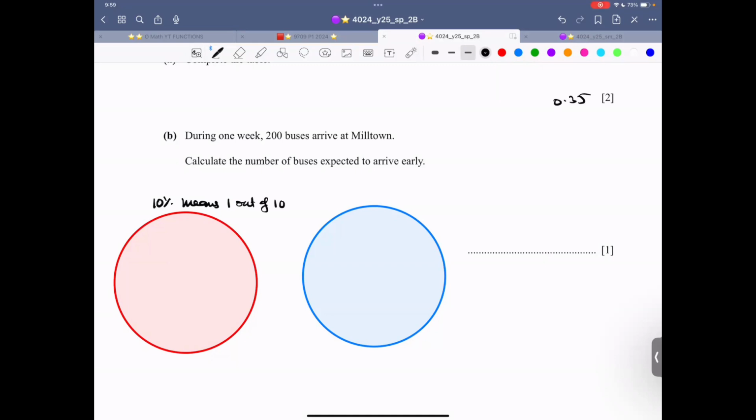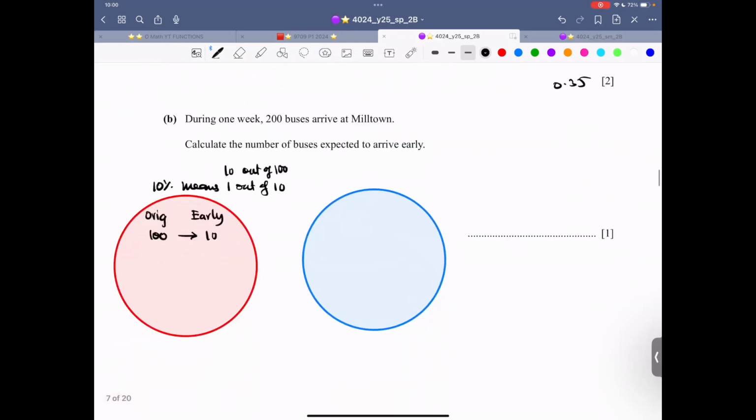So out of 100, that is 10, or 10 out of 100. That means out of 200, how many will arrive early? Let me call this M. So M comes out to be 20. That is basic ratio proportion.